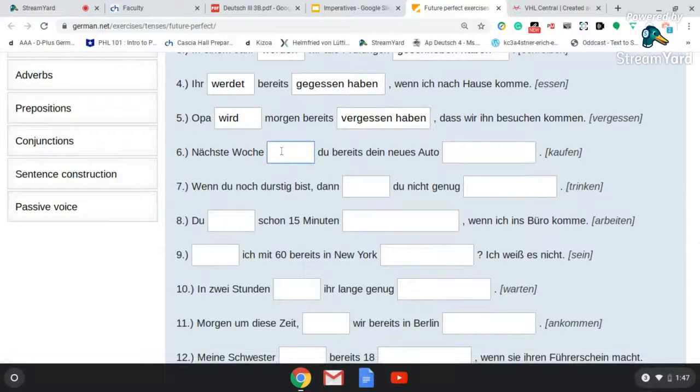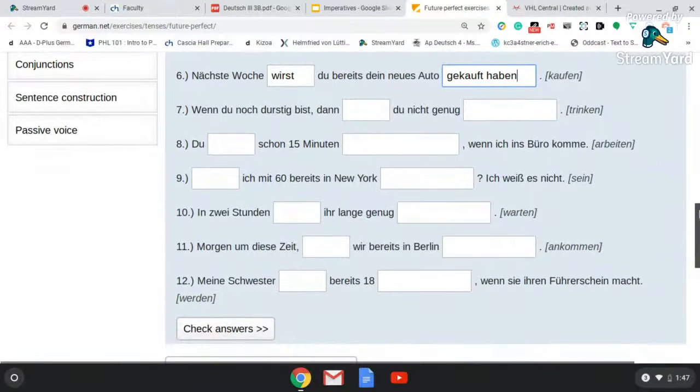Nächste Woche wirst du bereits dein neues Auto, and here kaufen becomes gekauft. Gekauft haben. Good. I'm going to go through a couple more of these, but I'm not going to keep typing, just so you can see.